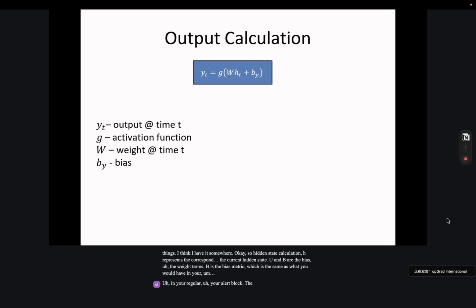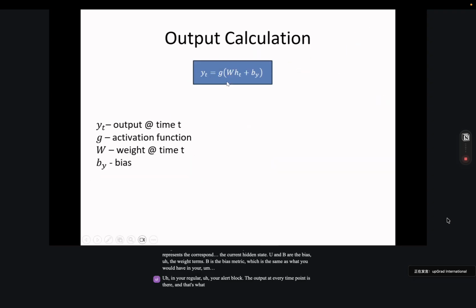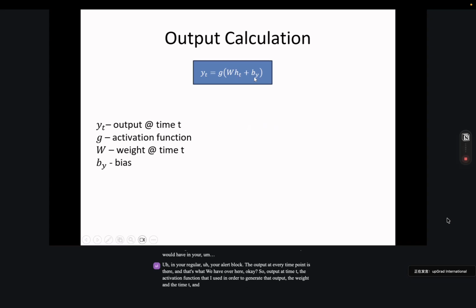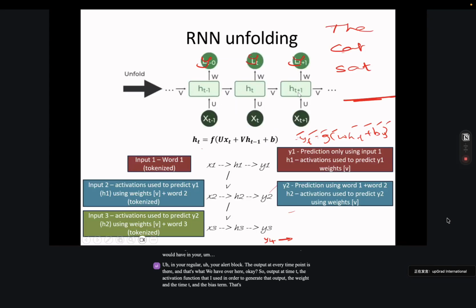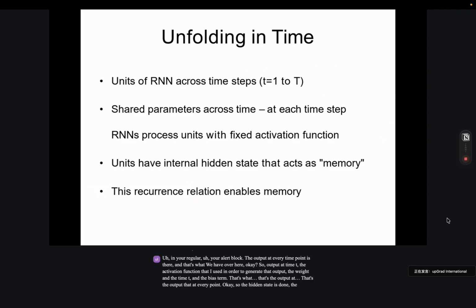The output at every time point is there, and that's what we have over here. Okay, so output at time t, the activation function that I used in order to generate that output, the weight at time t, and the bias term. That's the output at every point. Okay, so the hidden state is done, the output calculation is done.